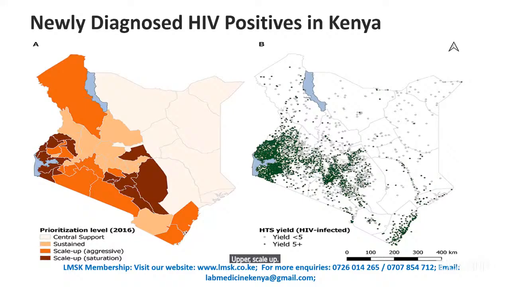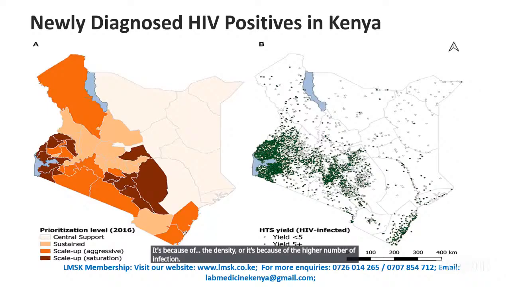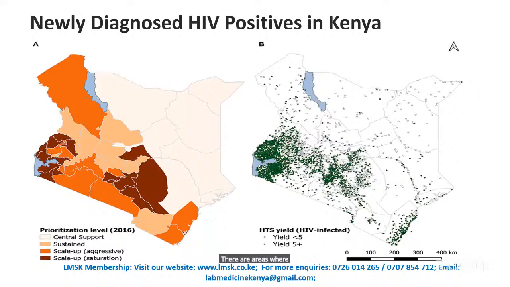It's because of the density, or because of the higher number of infections. The light shaded areas are where HIV infection is still low.